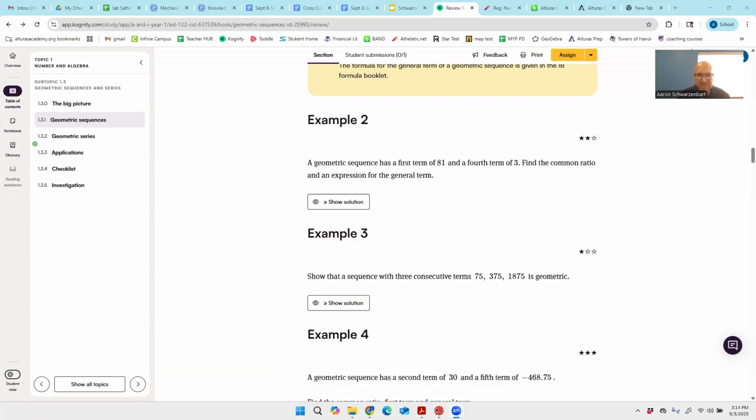A geometric sequence has a first term of 81 and a fourth term of 3. Find the common ratio. Okay, so what do I know? I know u sub 1 equals 81. I know u sub 4 equals 3. So I could use the recursive formula or this explicit formula here.